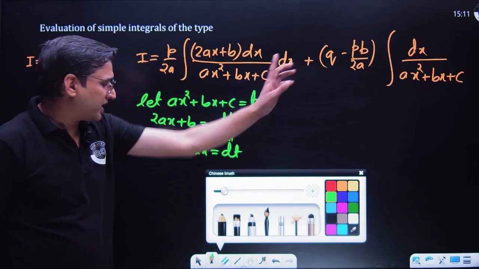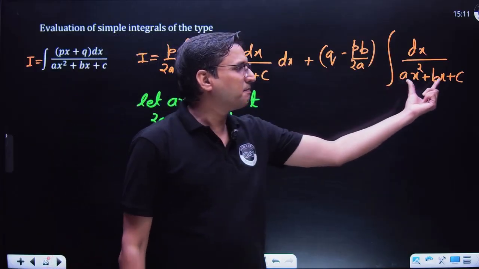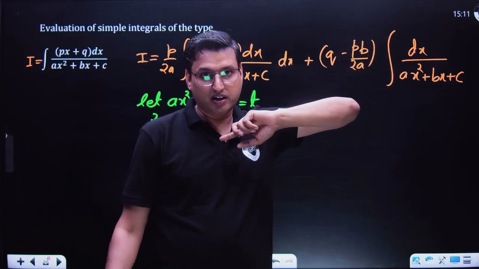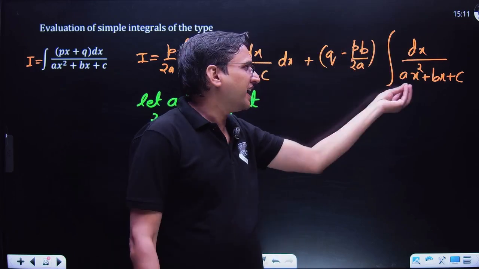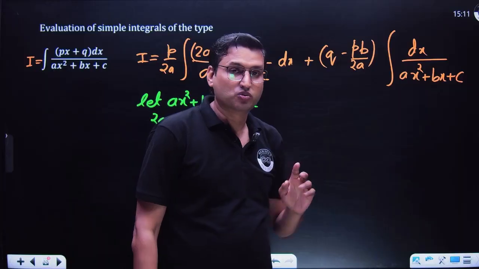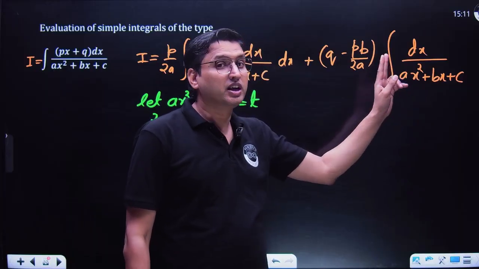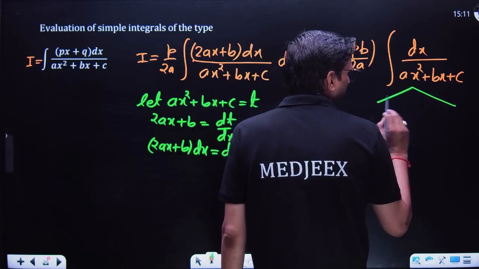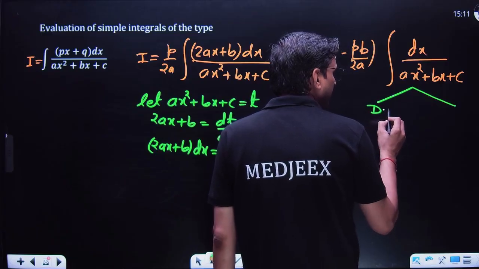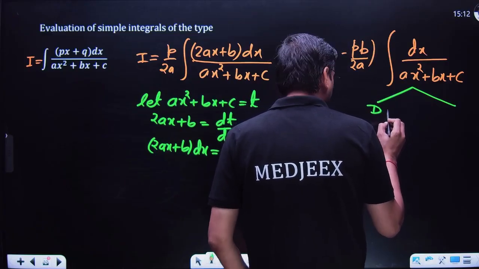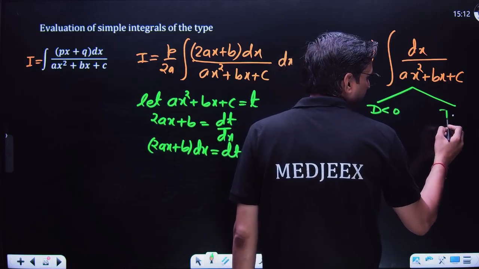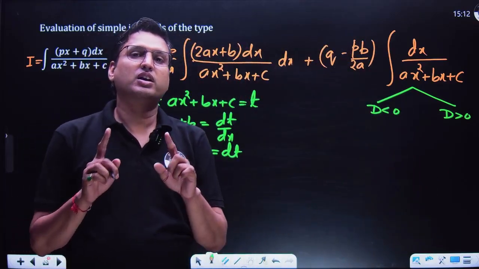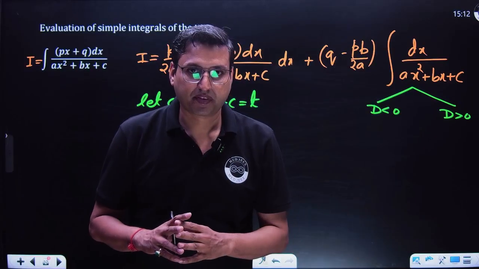Now in the next one, what I can see, this is a simple format of integration, a special format that we have studied in the last lecture, and we have discussed right now also, by taking common and mentioning all the quantities we have. The integration depends upon the discriminant. Just remember it. If my D is less than 0 or greater than 0, in both cases the discriminant will decide how we will integrate. Clear?